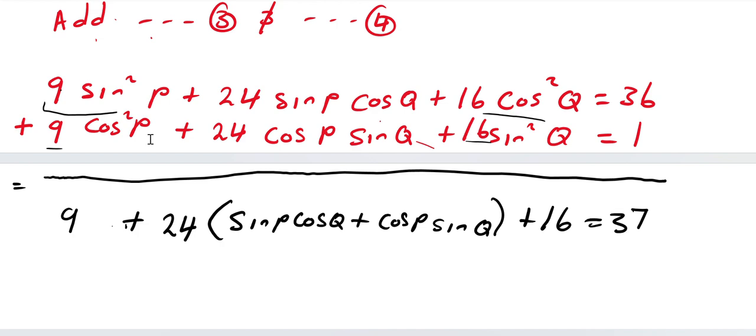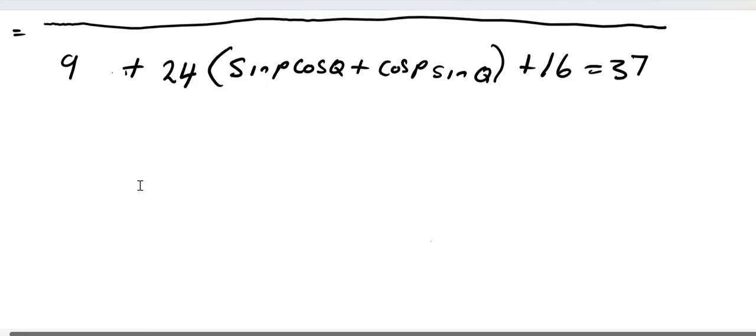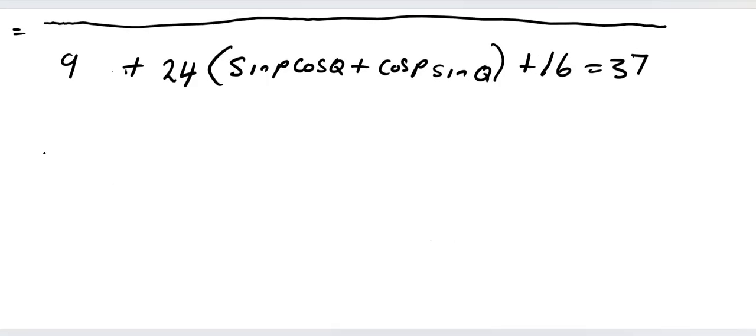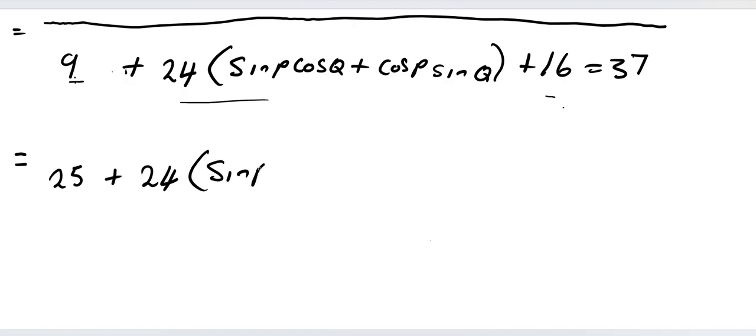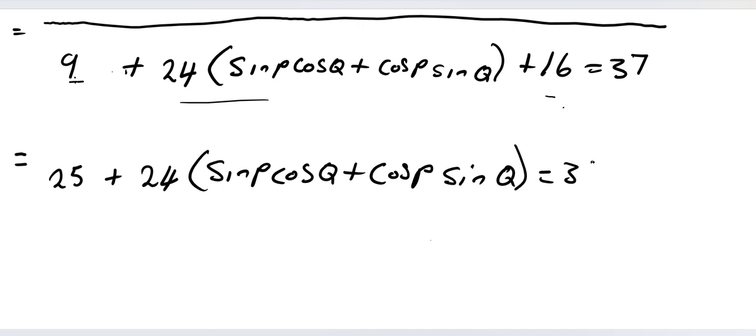You see. And then let's go forward. Now 9 plus 16, this 9 plus this 16, we're going to have 25. Let's write this 25 here: 25 plus, and then we just copy this as it is, 24 times sine p cos q plus cos p sine q, is equal to 37.